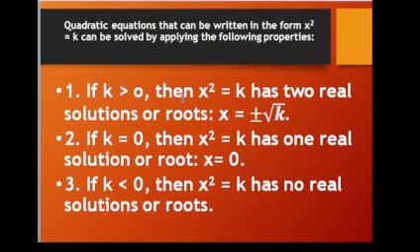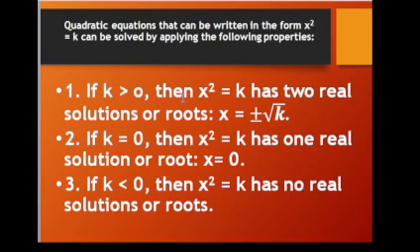Like our first example, x squared equals 25. Our solutions or roots are positive and negative 5. So just take note, if k is greater than 0, or the number written at the right side of the equation is greater than 0, then it has 2 real solutions.